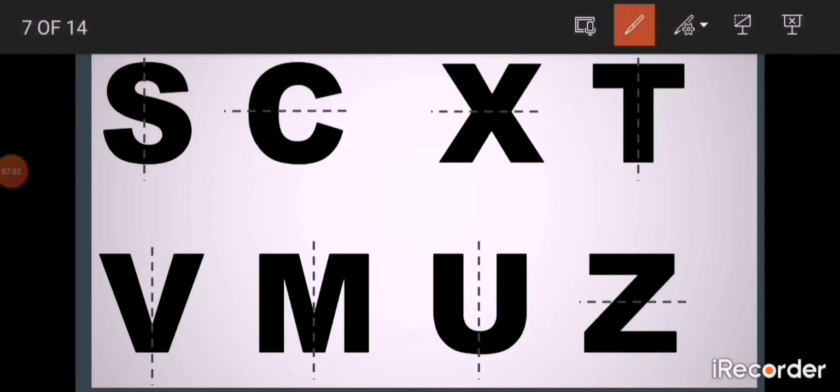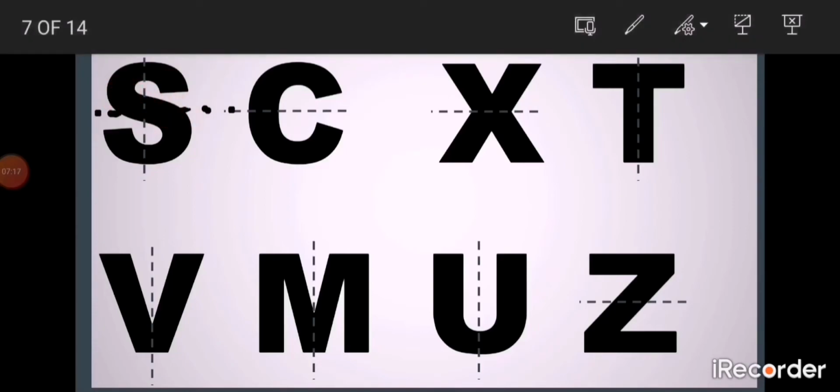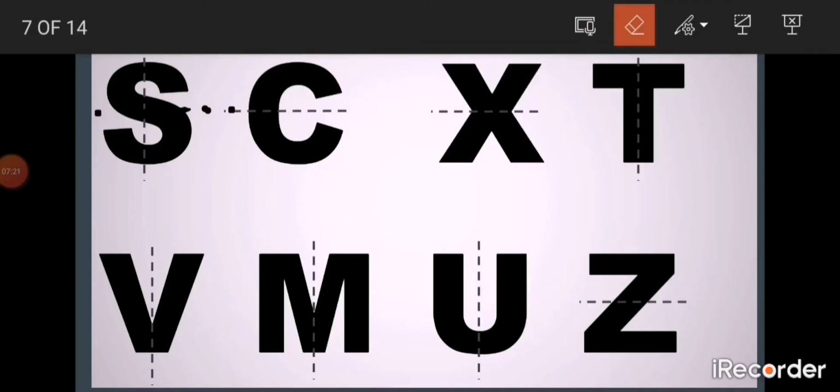Can we draw the line of symmetry horizontally here? Let me draw. Are both sides the same? No, both sides are not the same. So the letter S has only one vertical line of symmetry.